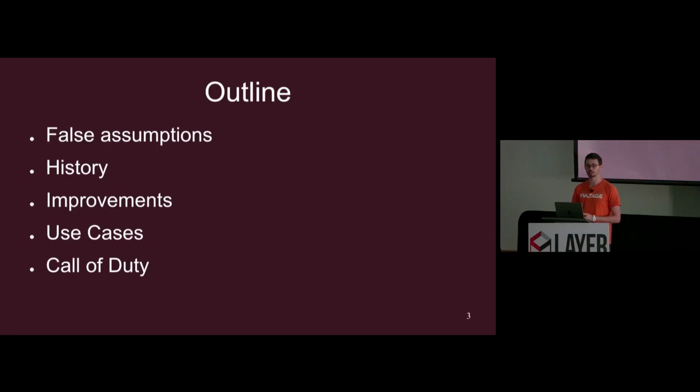Then we're going to talk a bit about the history that led to the creation of Payjoin, some recent improvements that the Payjoin team has been working on, and finally the fun stuff, use cases and some novel use cases that Payjoin implements that may be new to a lot of you. And finally, the call to action, the call of duty. We need help, and so we'll talk about some ways that if you're excited about Payjoin, which you should be, you can help the project.